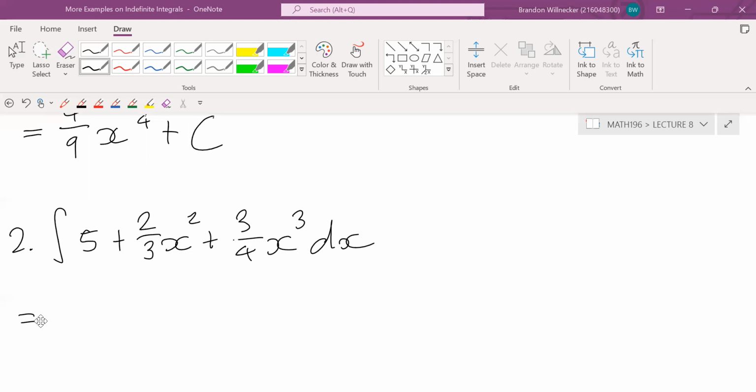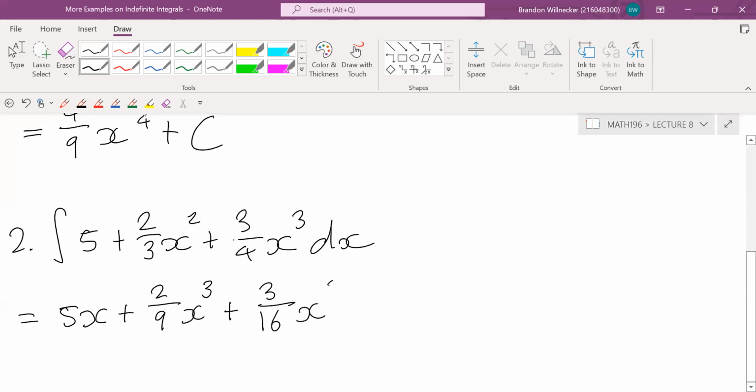For the first one, we're going to get 5x. For the second one, we're going to get 2/9 x cubed. For the third one, we need to divide by 4, so we get 3/16 x to the 4. And don't forget the plus c. Okay, so that's pretty straightforward.